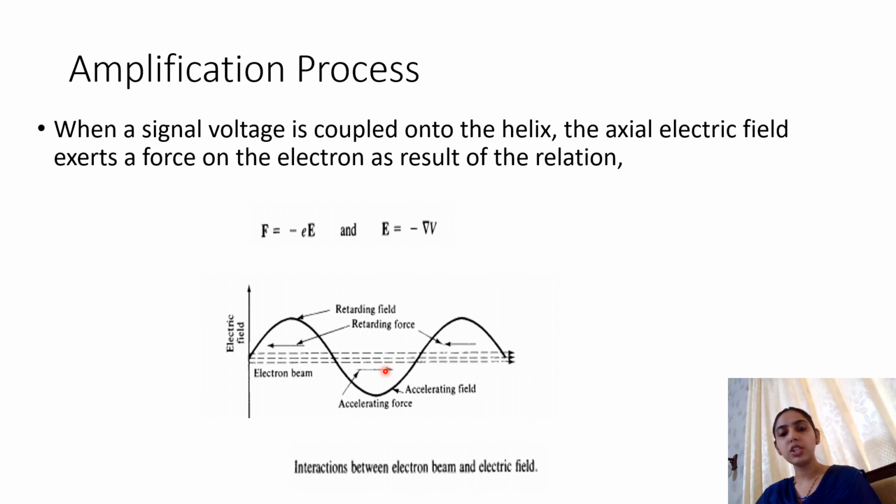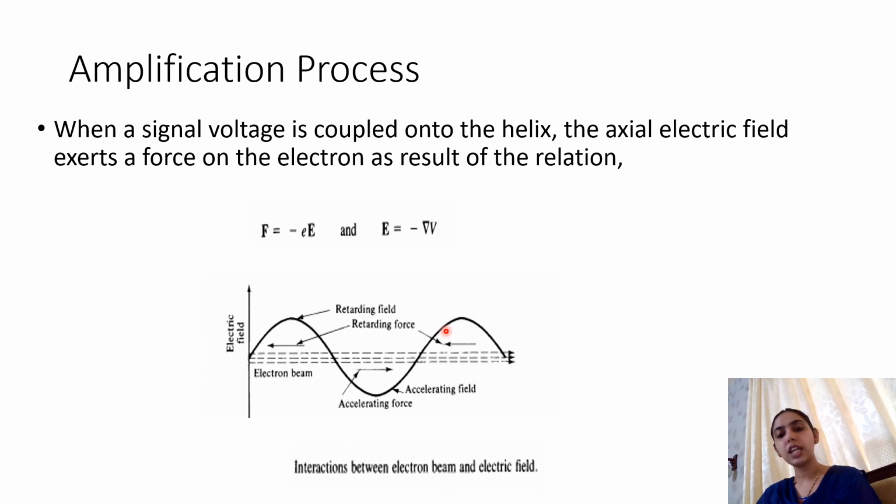So the electrons coming in the helical wave, those at the 0 point, are not subjected to any type of velocity modulation, and those electrons which come under the retarding field will be retarded and those coming in the accelerating field will be more accelerated.